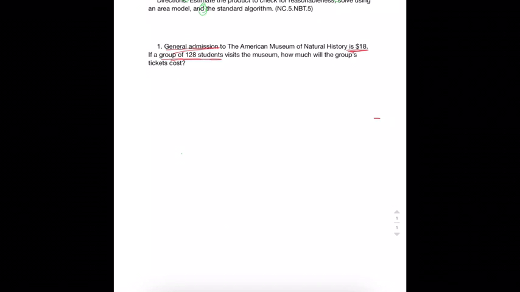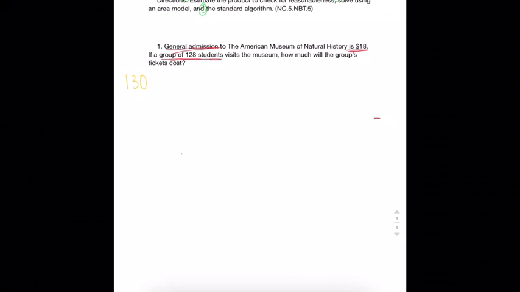So looking back at the directions, the first thing that we needed to do was to estimate the product to check for reasonableness. So I'm going to start by looking at the number 128. I'm either going to round that number up or down. So based on the 8 there, that lets me know that I need to round it up to 130. Next, we take a look at 18. 18 is closer to 20, so we're going to round 18 up to 20.